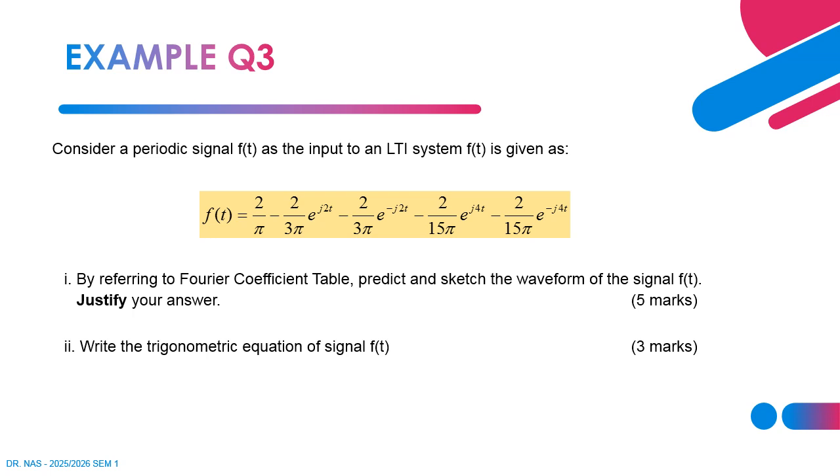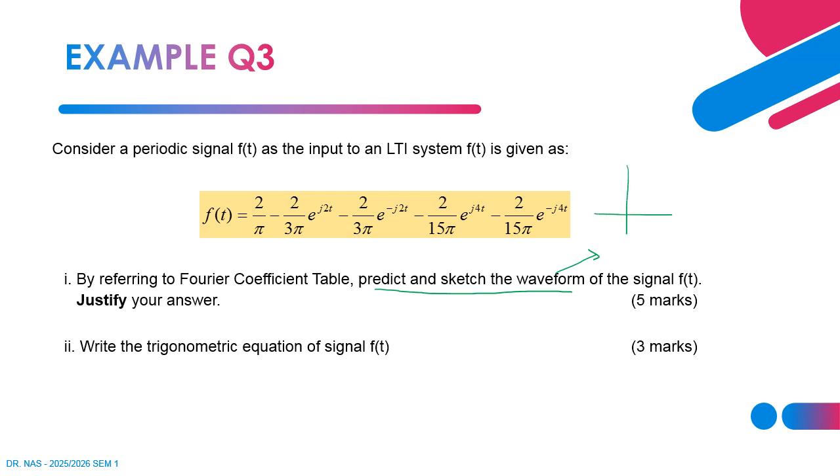Okay, let's look at the second example. Given a periodic signal f(t) as the equation shown, you need to predict and sketch the waveform. So what is waveform? Waveform is the signal in time domain.